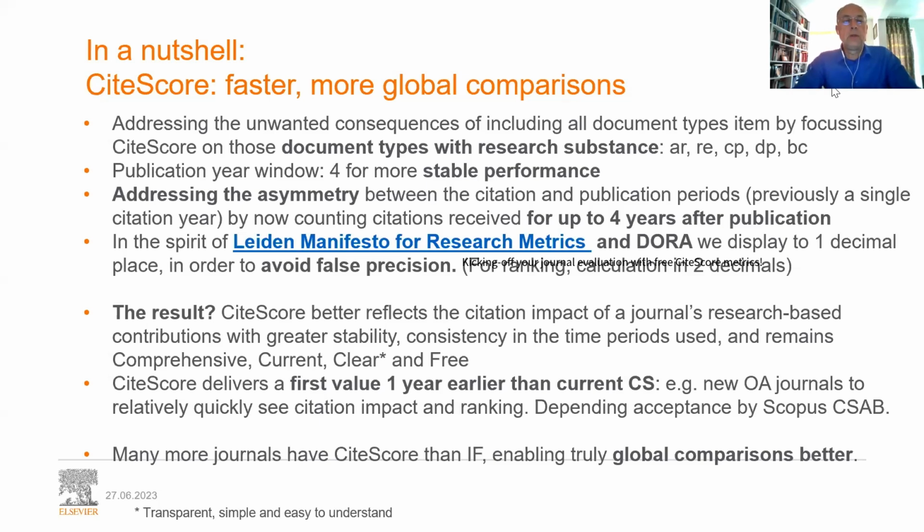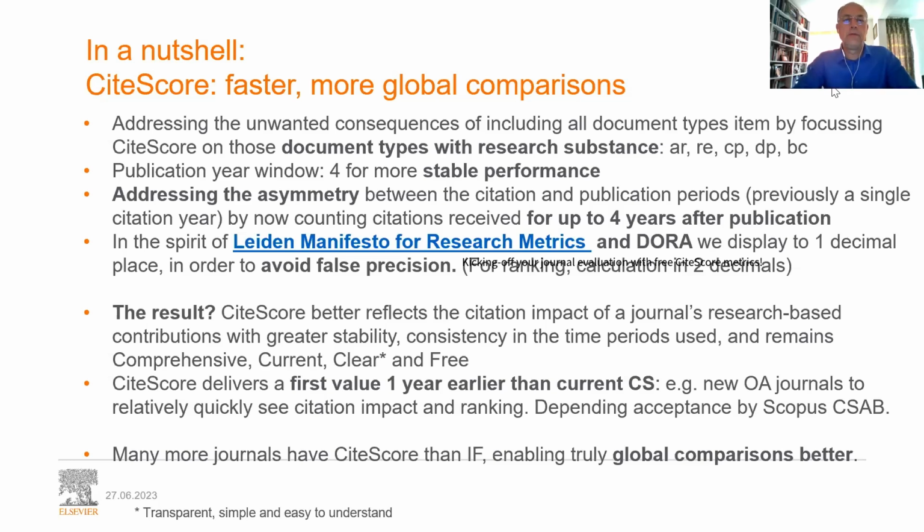And at the same time, it was important for us, obviously, to look at the different manifestos. The Leiden Manifesto, for example, has one element that is to really focus on displaying only 1 decimal. Displaying 3 decimals as such doesn't really make sense, and that is what is called avoiding false precision.